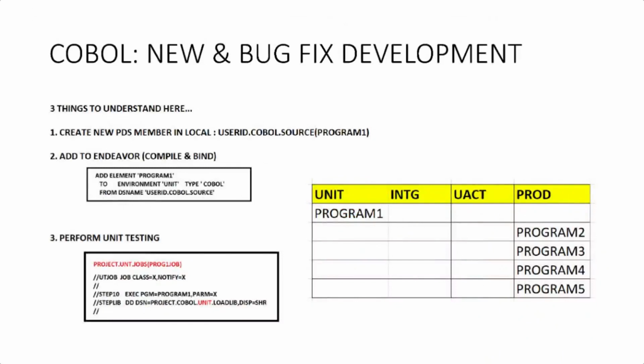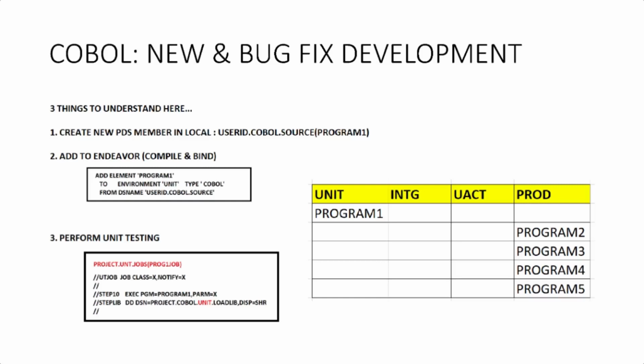Three things to understand here. One, create a new PDS member in local user ID.cobol.source. We will write program one. Then add to Endeavor. It is nothing but compile and bind. So here, if you observe, this is one set of parameters for how to add the element to Endeavor.